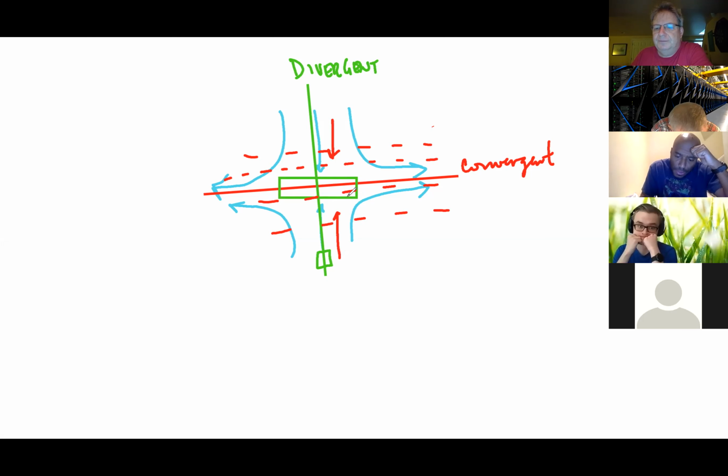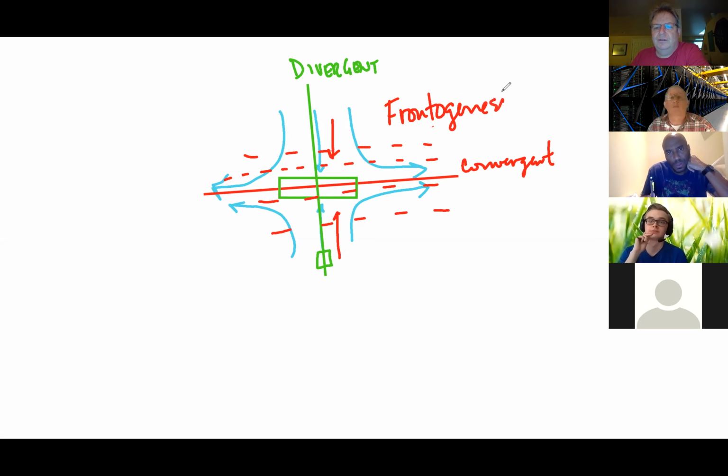Nick? Looks like it should probably sharpen, right? Right, so the gradient increases in temperature, but what do you call that? Front. Frontogenesis, or frontogenetic.